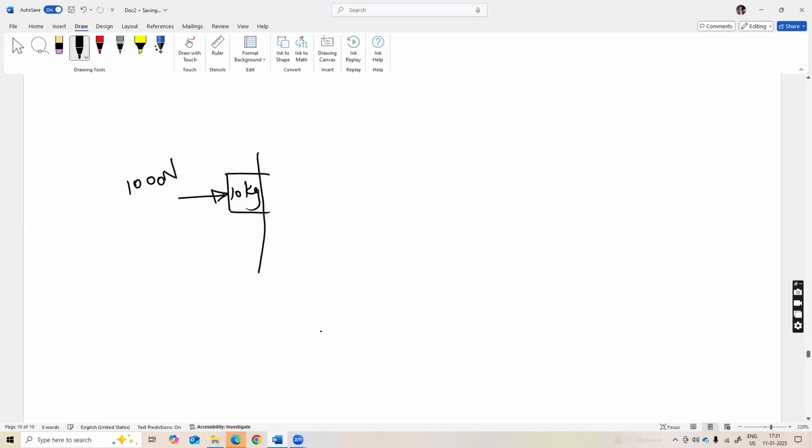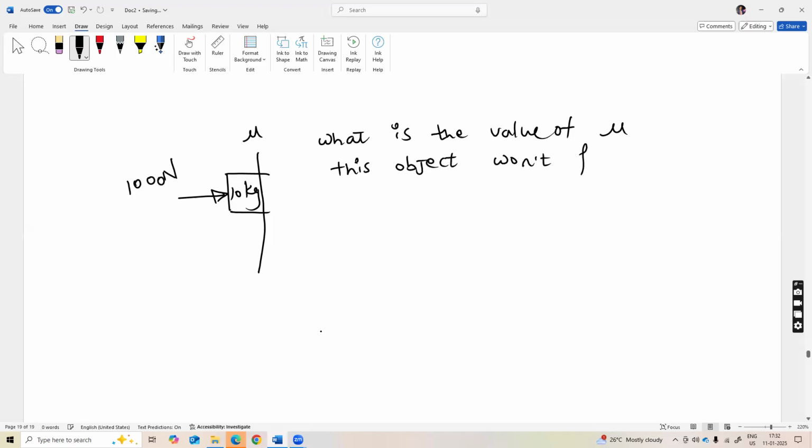Can you calculate how much the coefficient of friction mu should be, so what is the value of mu for which this object won't fall? Is it possible for you to calculate this?